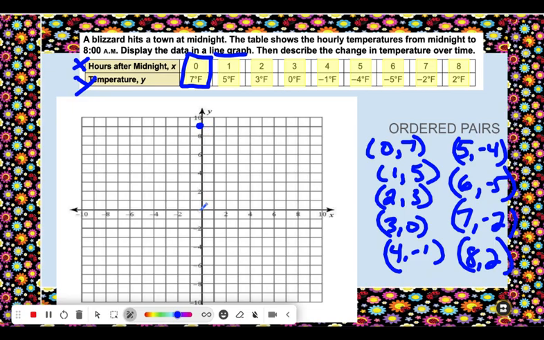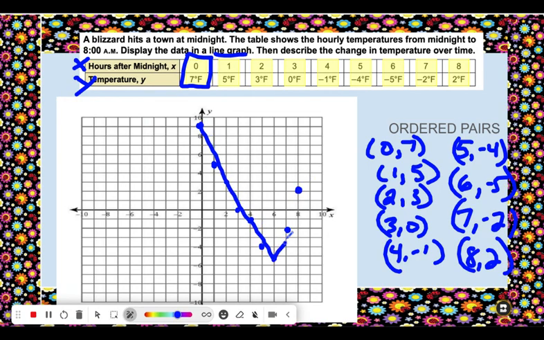So we're going to make a line graph. (1, 5), go right 1, up 5. (2, 3), right 2, up 3. (3, 0), just go right 3, put a dot. (4, -1), right 4, down 1. (5, -4), right 5, down 4. (6, -5), go right 6, down 5. (7, -2), right 7, down 2. And then (8, 2). So here's my line graph.